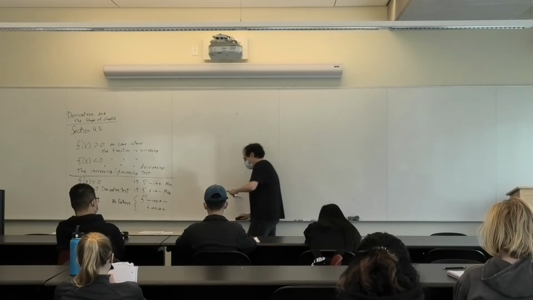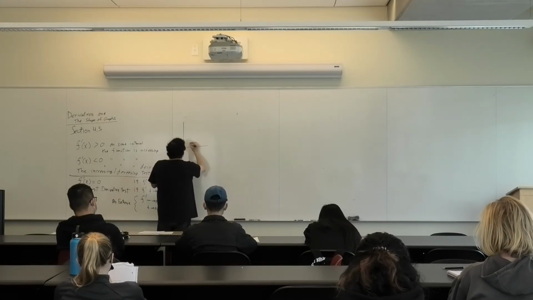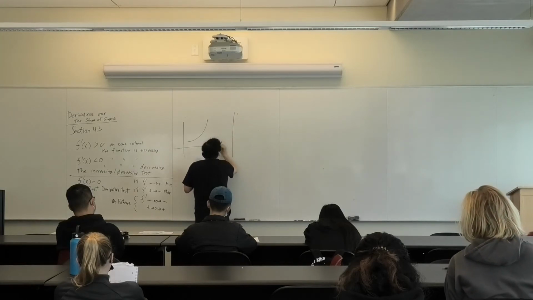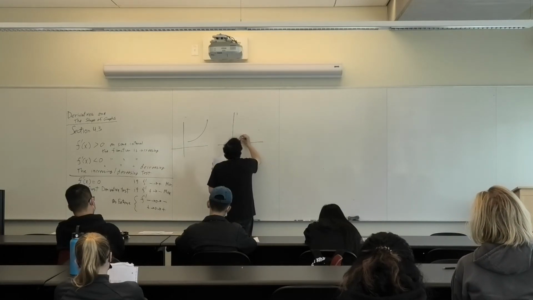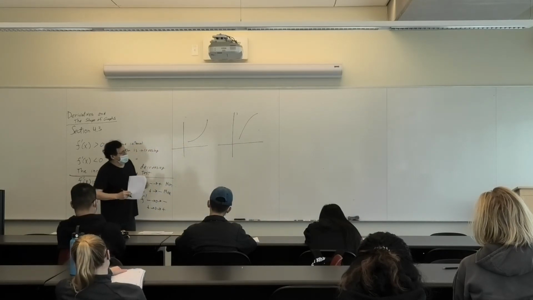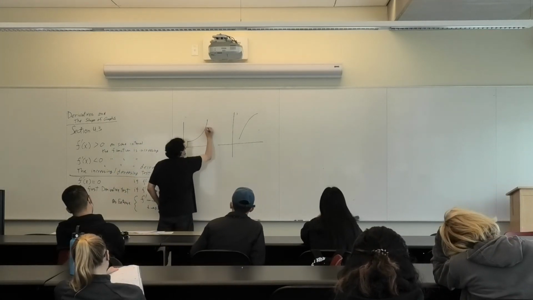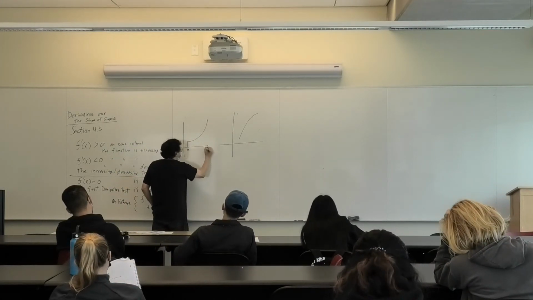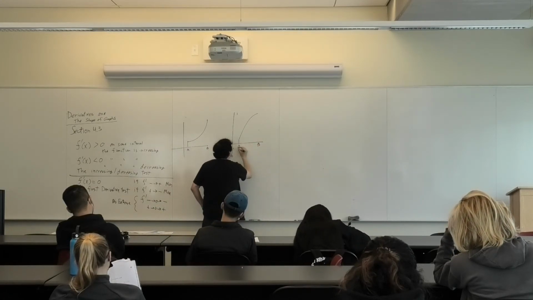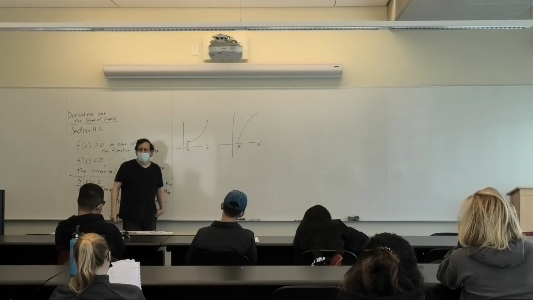It's really cool when you get it. Look at two curves here. What do we know about these two curves? Well, we'll just call this A and B. They're both increasing, aren't they?